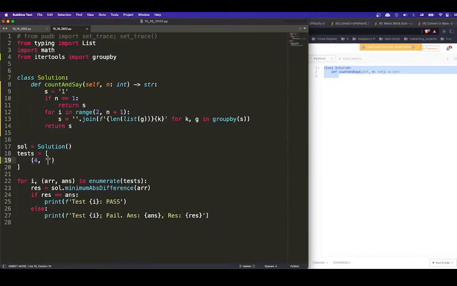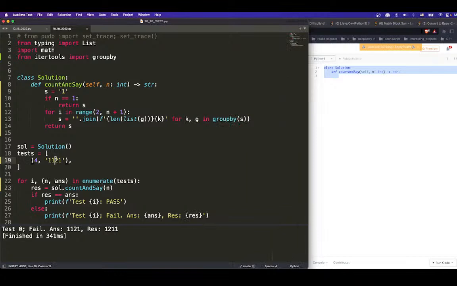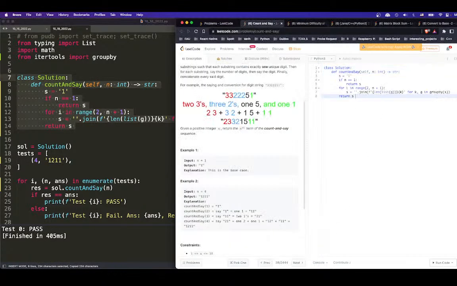We don't have to test 1. Wait, 1, 2, 1. One, two, one. My bad. That might be slow, but it's all right.